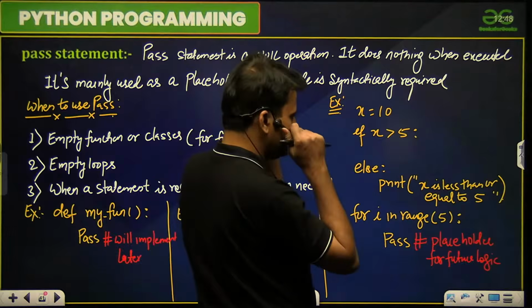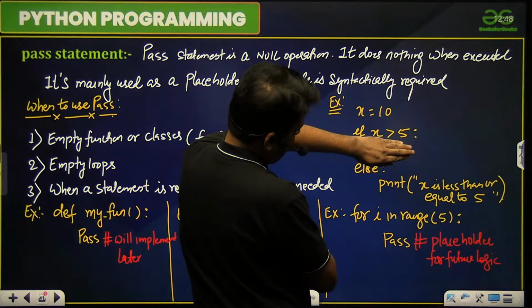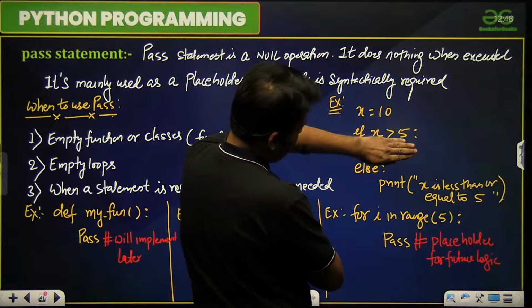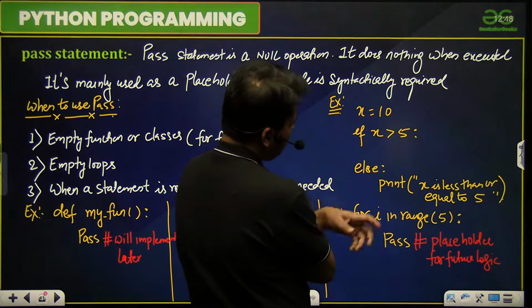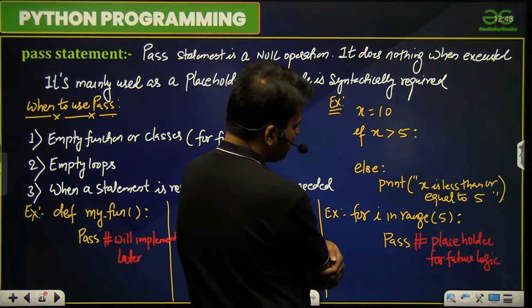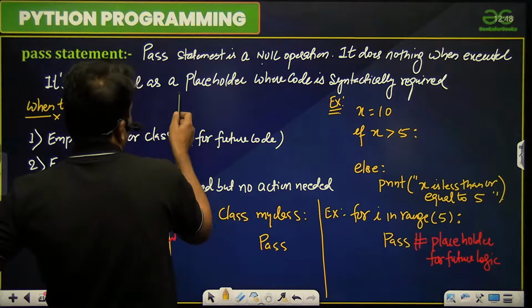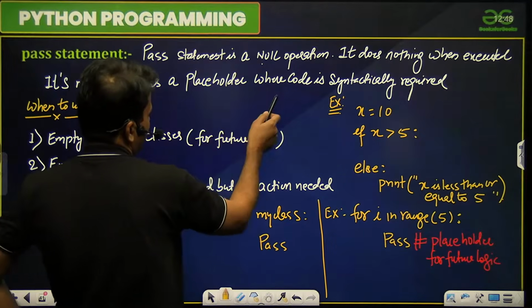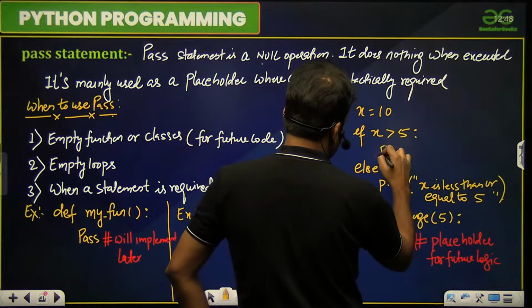Sir, if this condition is true, but right now I'm not able to write this code, so I want to write it in future. So can I leave it blank, student? No, this is an error. Sir, how can we remove this error? Pass is a placeholder where code is syntactically required. So you can write here pass, student.